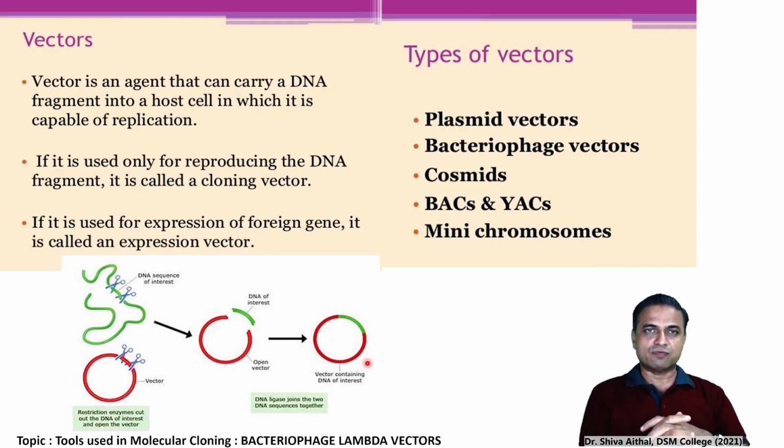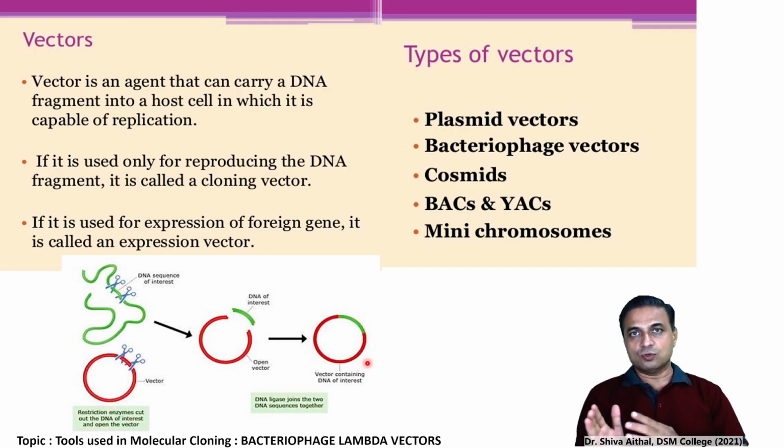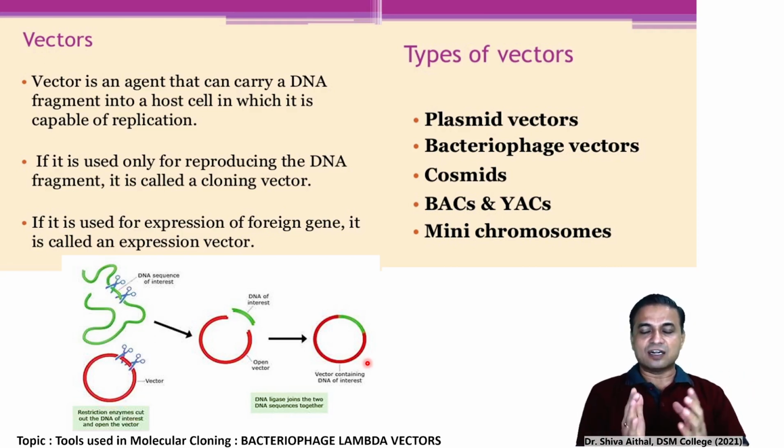There are various types of vectors: plasmid vectors, bacteriophage vectors, cosmids, bacterial artificial chromosomes, BACs, yeast artificial chromosomes, YACs, HACs, human artificial chromosomes, PACs, P1 phage derived artificial chromosomes, mini chromosomes, so on and so forth.